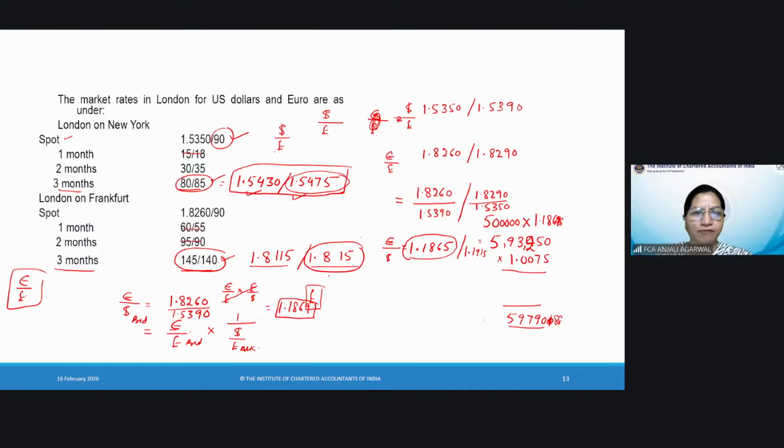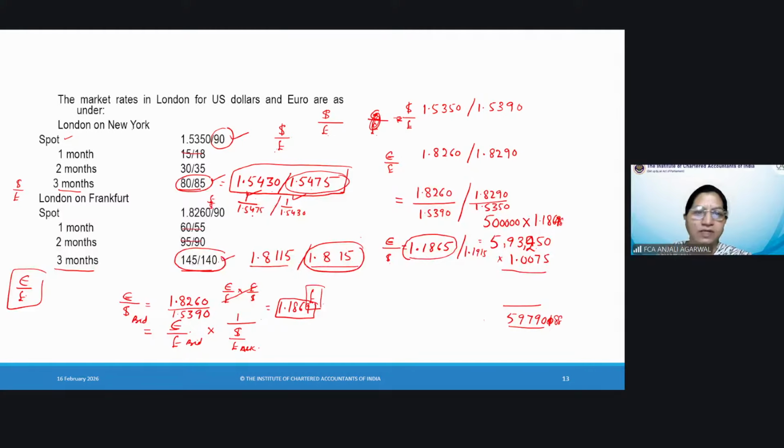Why 1.5475? Because after 3 months, dollar by pound is this much. So you're going to sell the dollars, which means bid is applicable, which is 1 upon ask. So this will be the rate for pound to dollars.